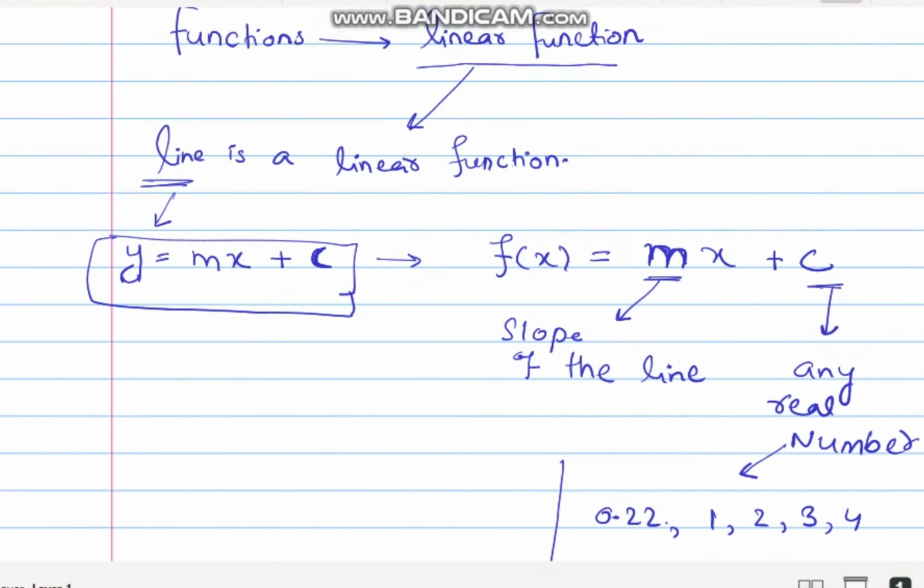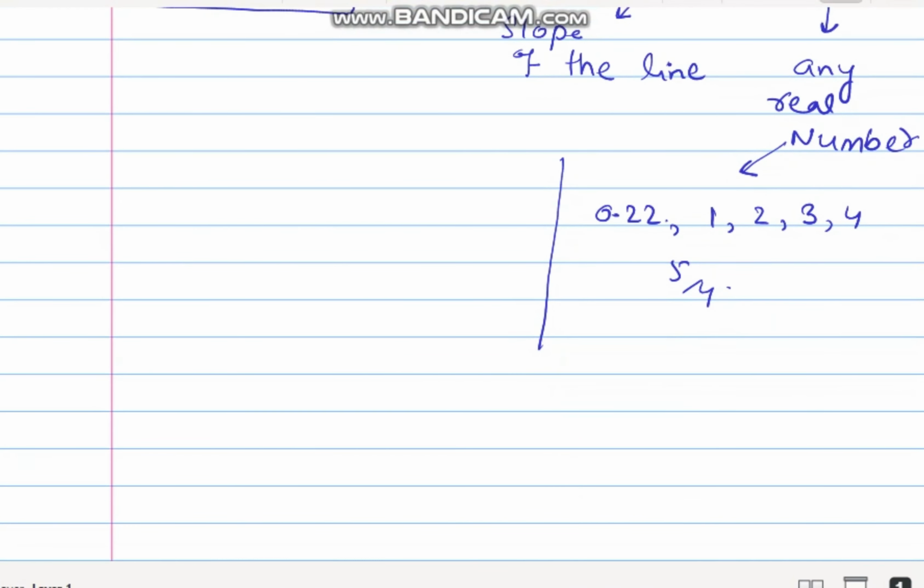This is my point: c can be anything, and this is a very important point. Let me write it with the red pen. Any real number. This is an important thing.